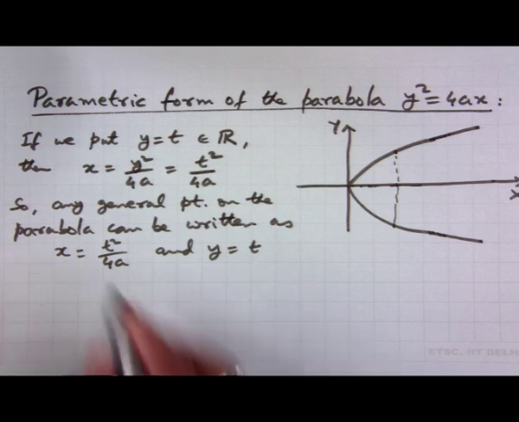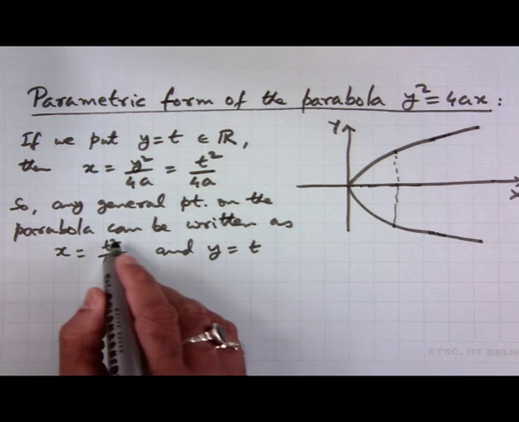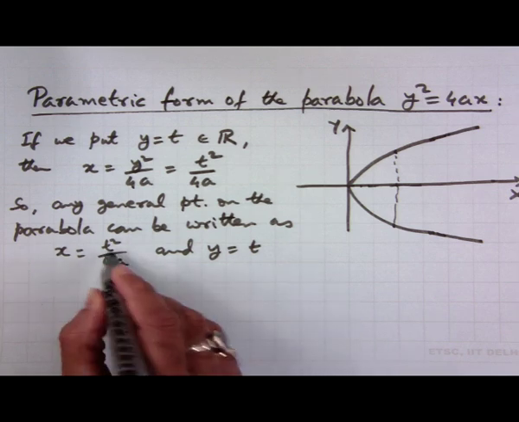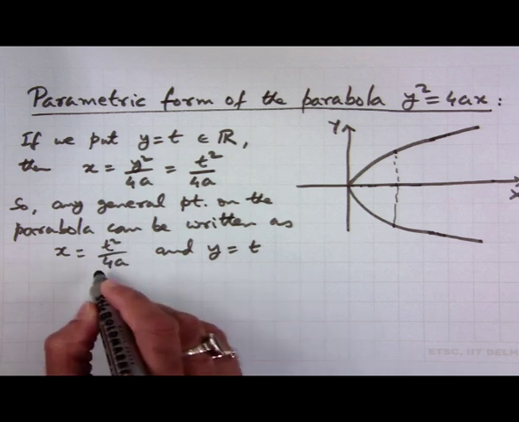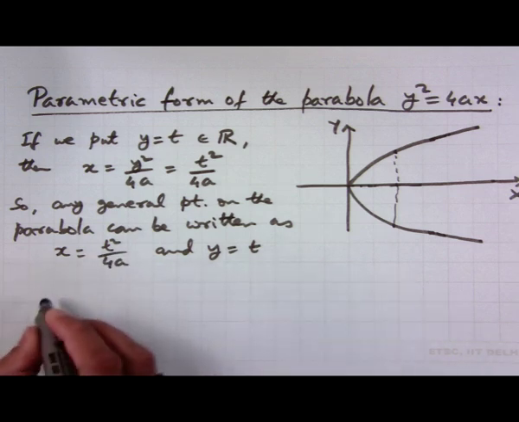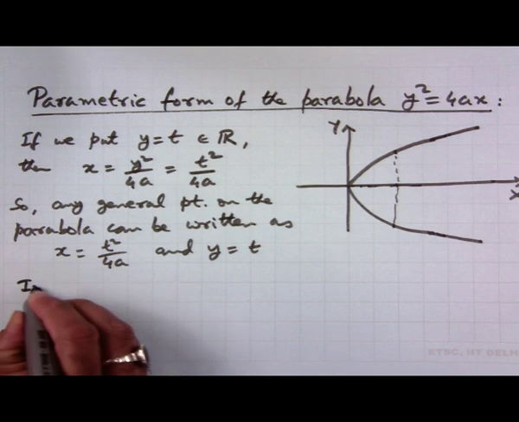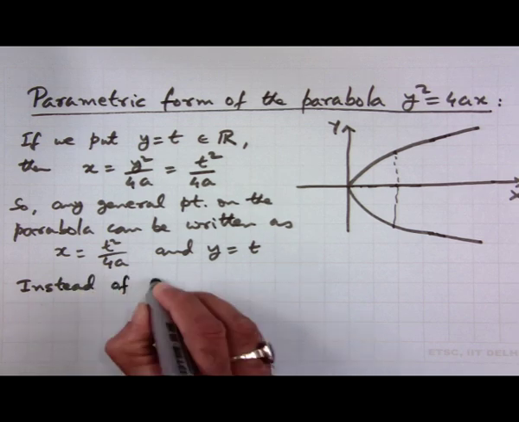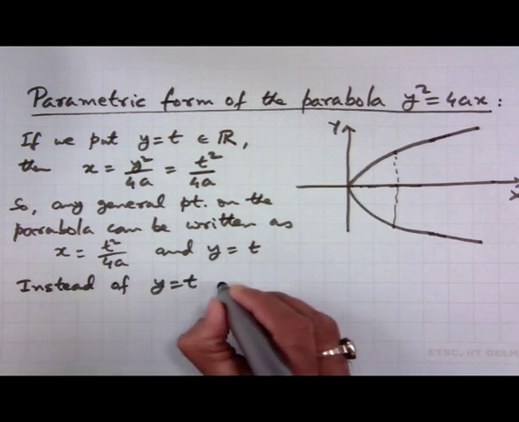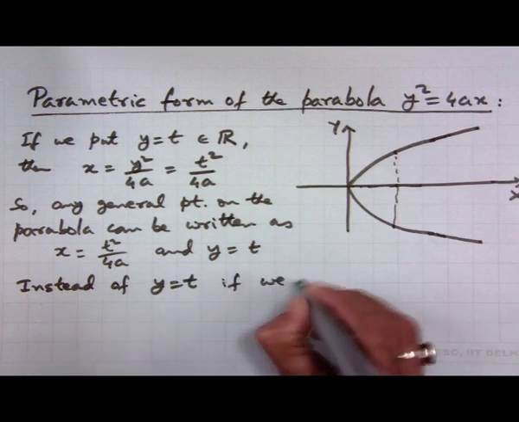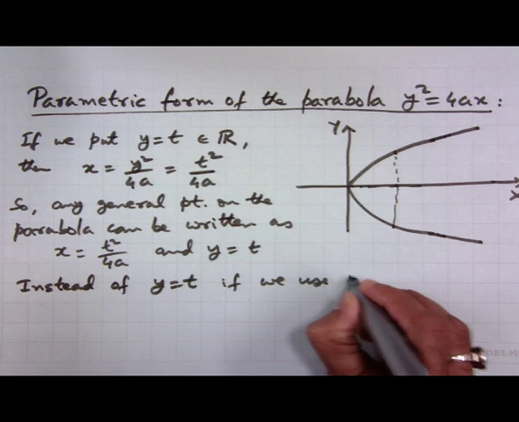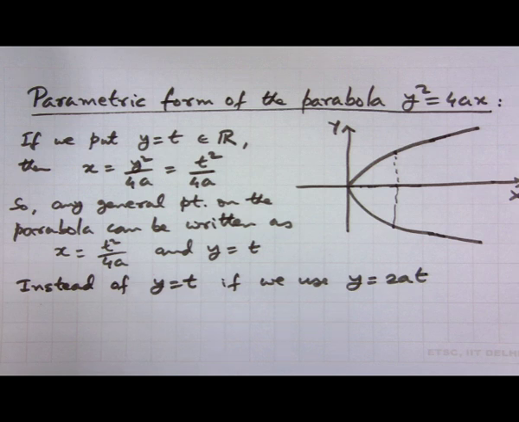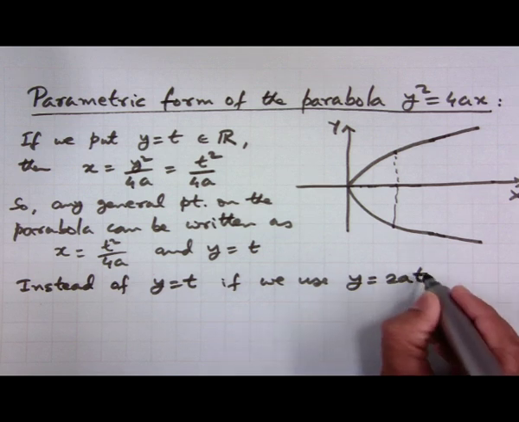Now, writing it like this involves the fraction t square by 4 a. Suppose we do not want this fraction, then instead of y equal to t, we use y equal to 2 a t. Note that a is positive.